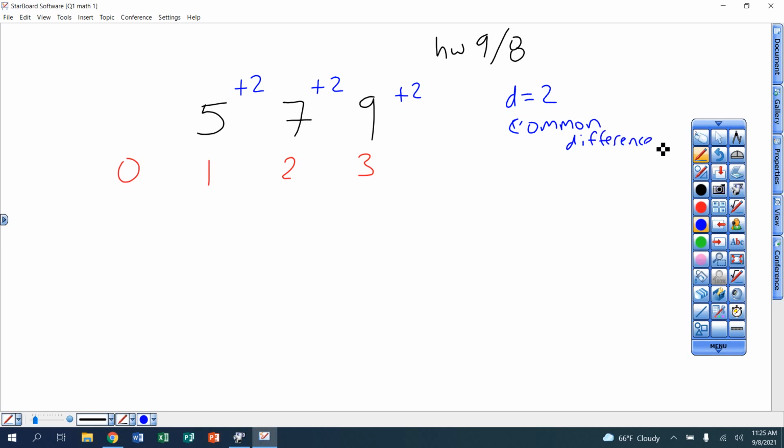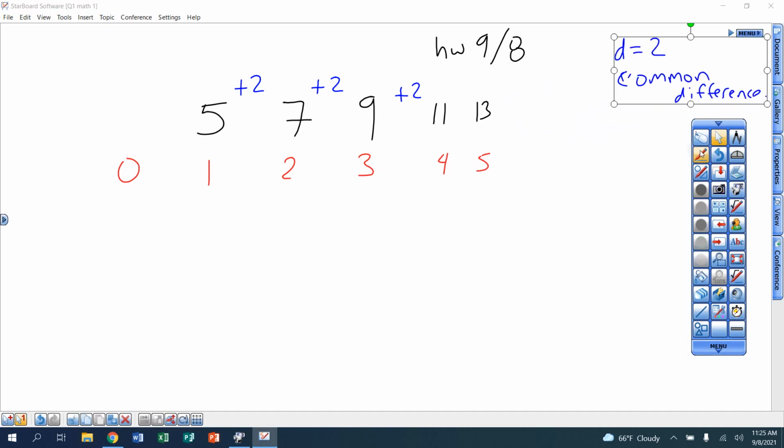All right, I could use that common difference to keep filling in the table. Find my 4th one, take that 9, 9 plus 2, 11. That's the recursive pattern in action. Find that 5th one, take that 11, add 2, that gives me 13. The problem is though, when you have to find numbers in the sequence that are way ahead, like maybe the 34th, you can't just keep adding 2s.